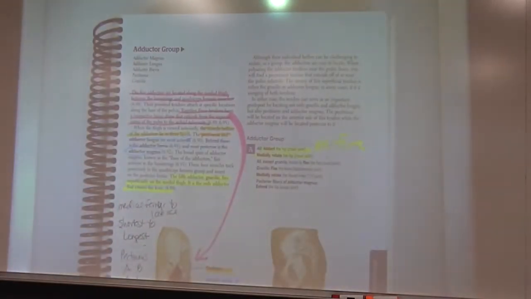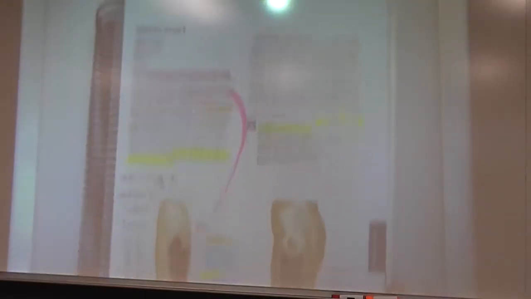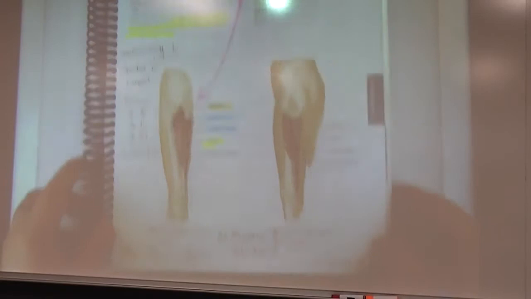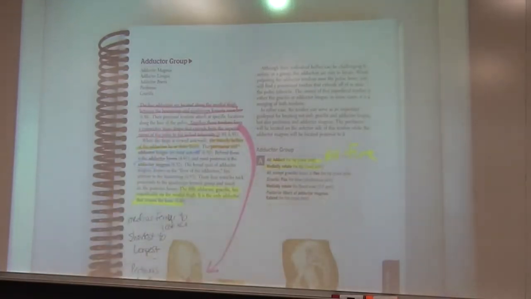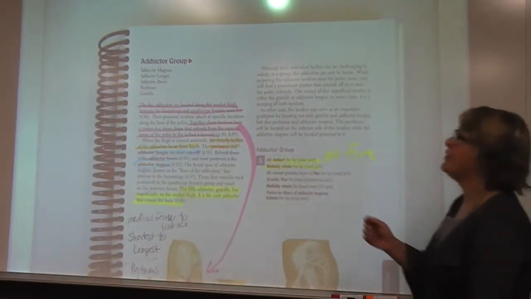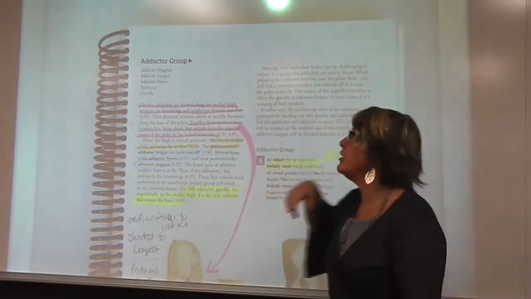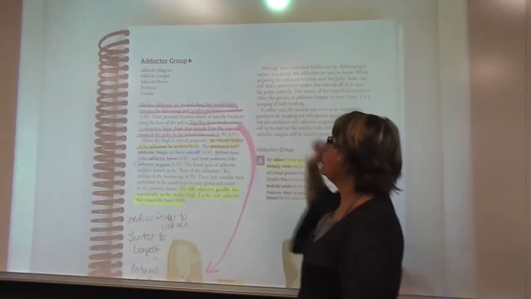Now on to the adductors, and we've mentioned that we have the adductors. This is page 319. We'll get to this in just a moment. I want us to focus in on the names. Three of them, it's easy to know they're part of the adductor group because they say adductor. And then we have pectineus and gracilis.